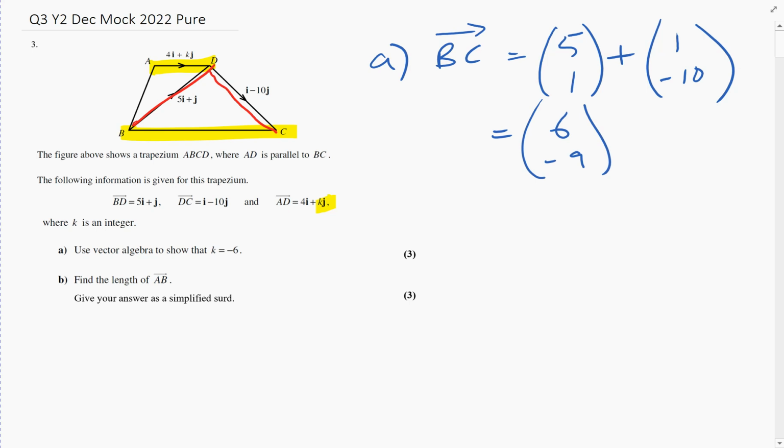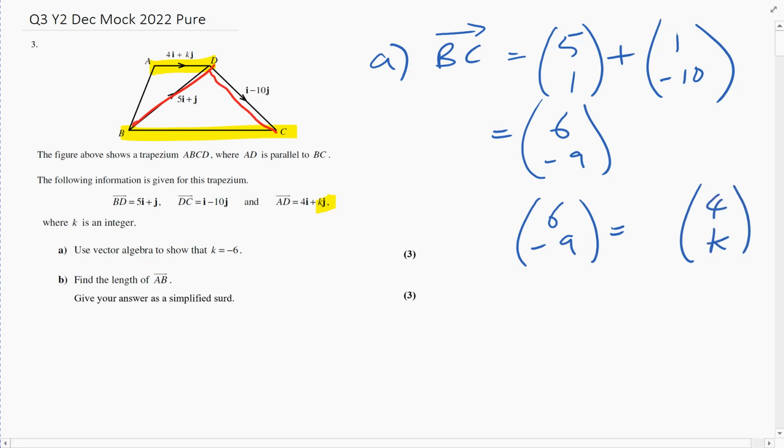And as I said before, BC is parallel to AD. So we know that this (6, -9) is going to equal some multiple of AD, which is (4, k). So BC is here, AD is here.